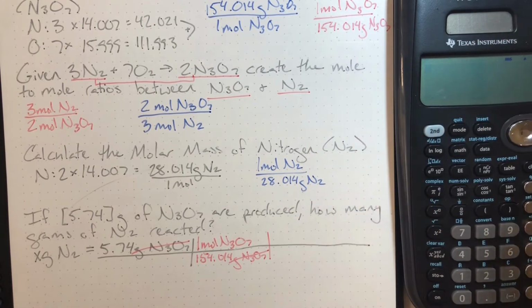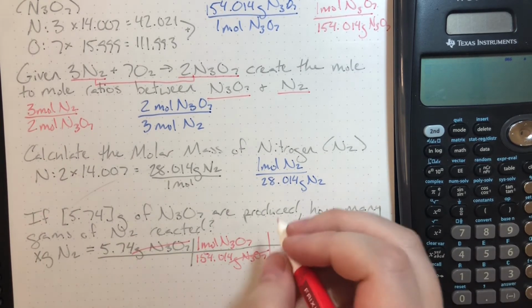I am going to choose the version of the mole to mole ratio that will allow me to cancel trinitrogen heptoxide. This is going to be the version that has that in the denominator. That will be my red version here.